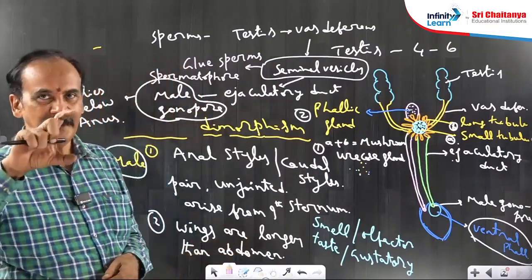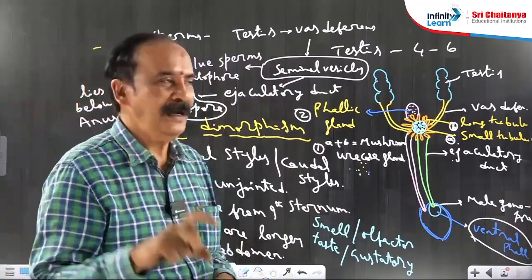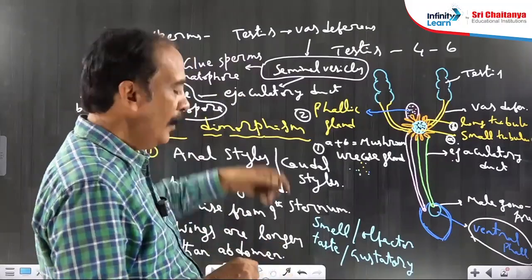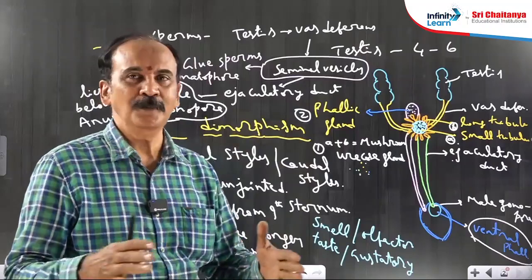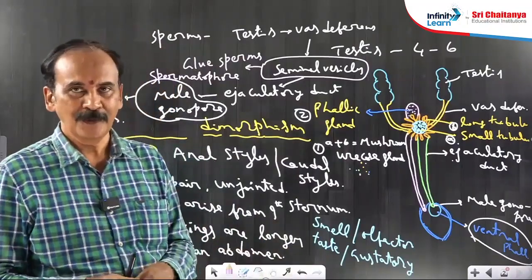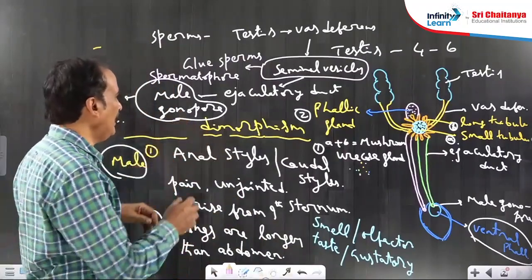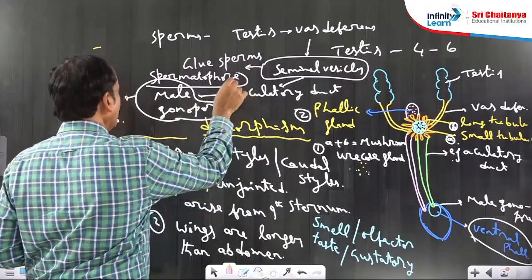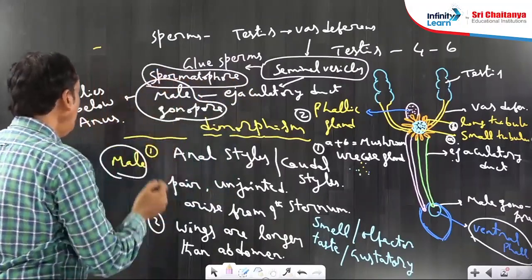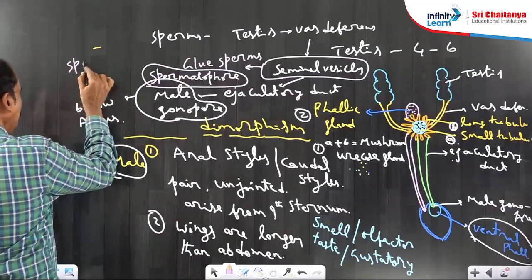So the 3 layered sperm bundle is formed in the male cockroach, and the male cockroach doesn't release sperms separately. It releases sperms in the form of a bundle called the spermatophore. Spermatophore is the sperm bundle.